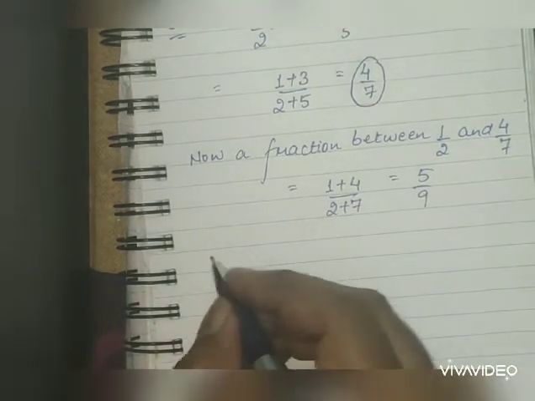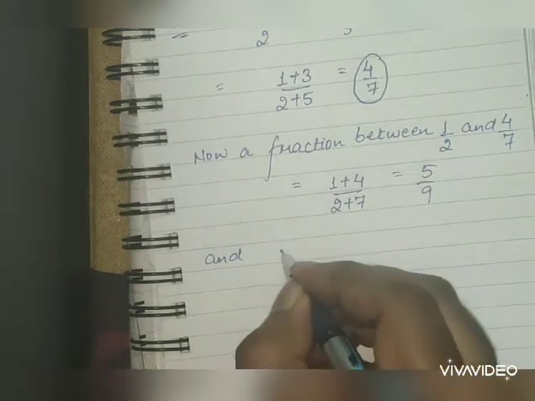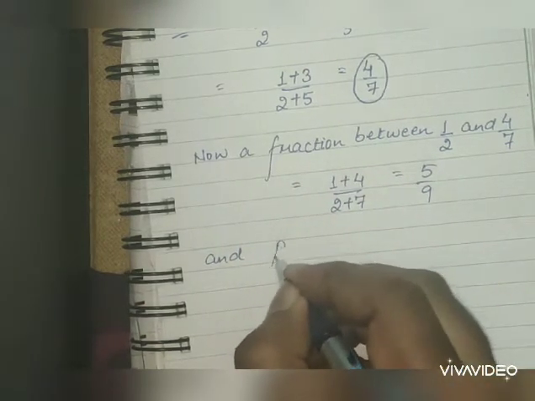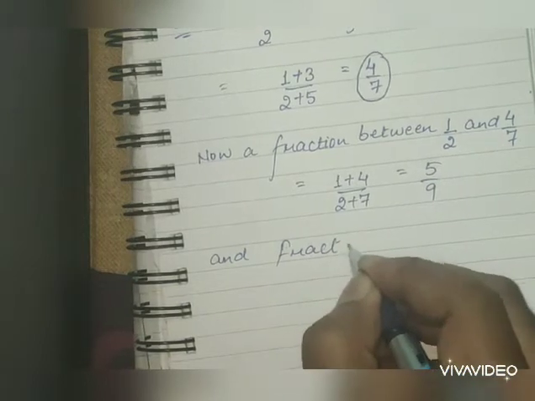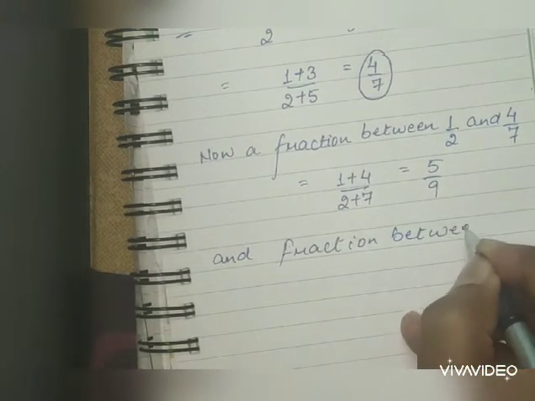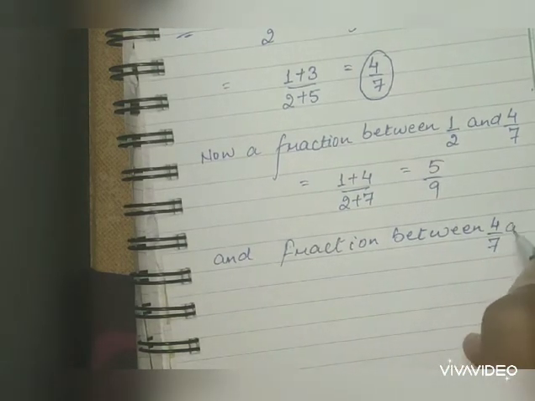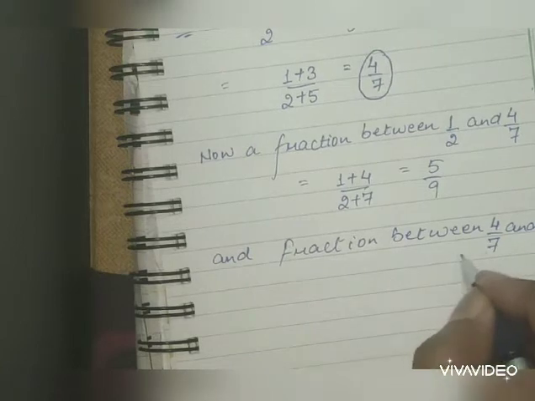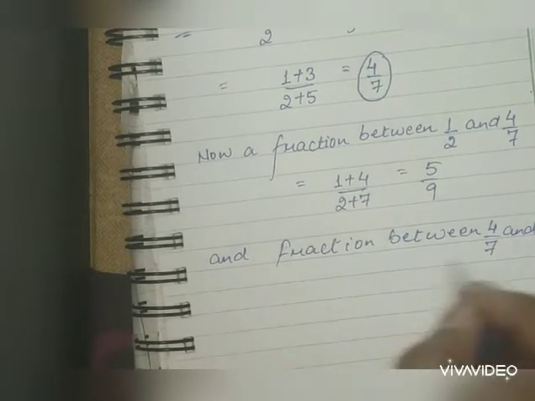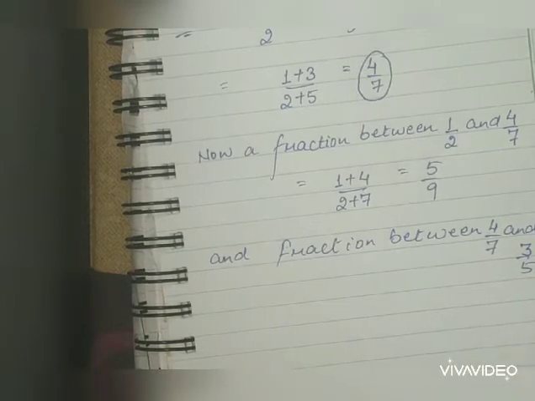Clear? And then after that, a fraction between 4/7 and 3/5. Sorry.